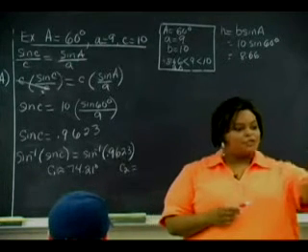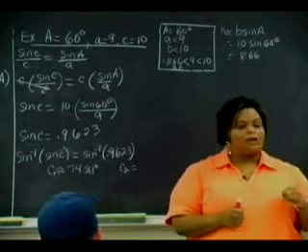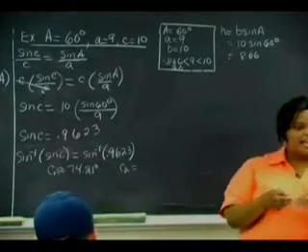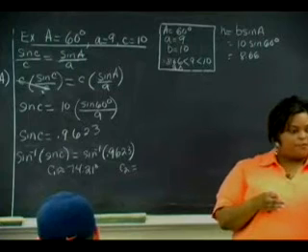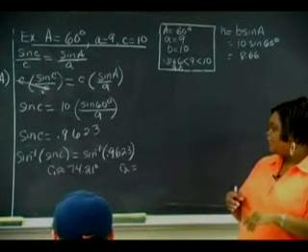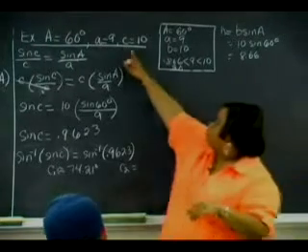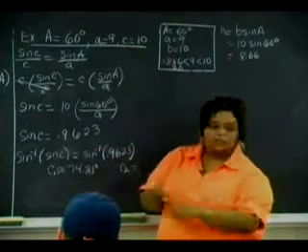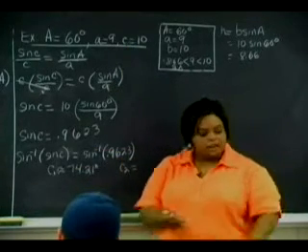We have two triangles to solve for. The big A and little a will be the same for both triangles, and little c will be the same. What will change will be big C, little b, and big B. So we have two situations.